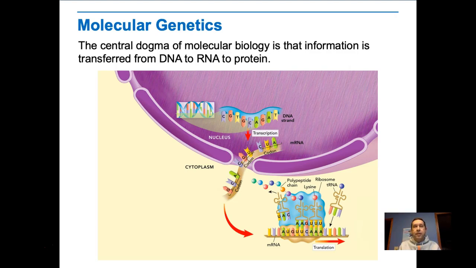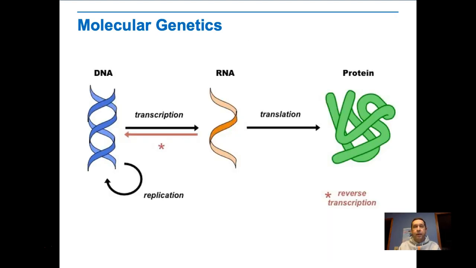There's something called the central dogma of molecular biology that describes the way that information flows from DNA to protein. This is what it looks like.